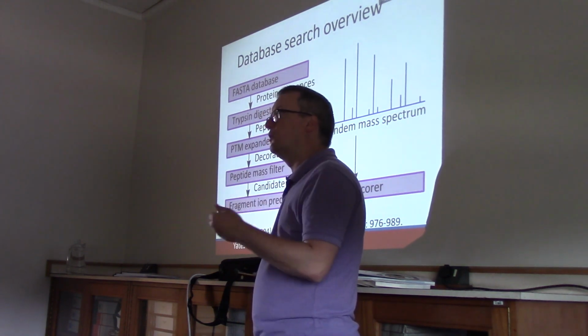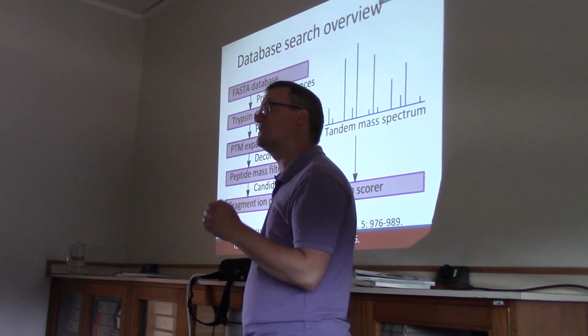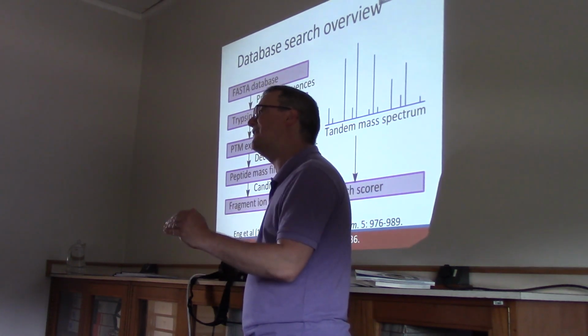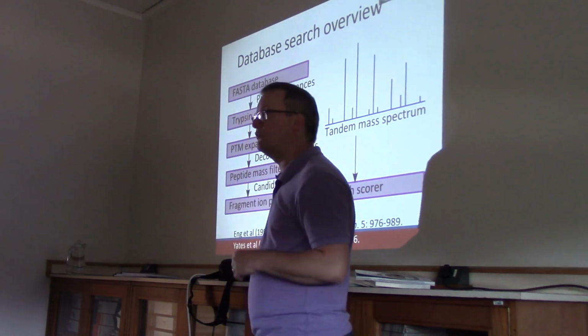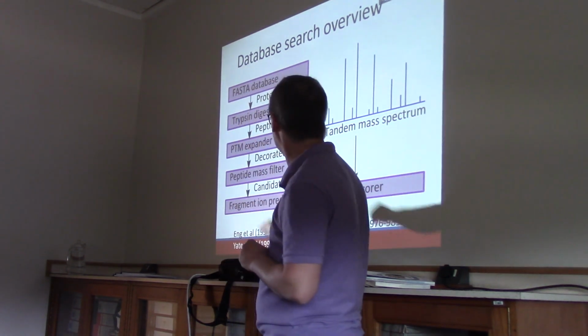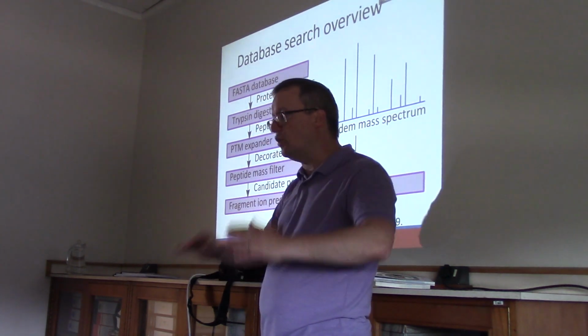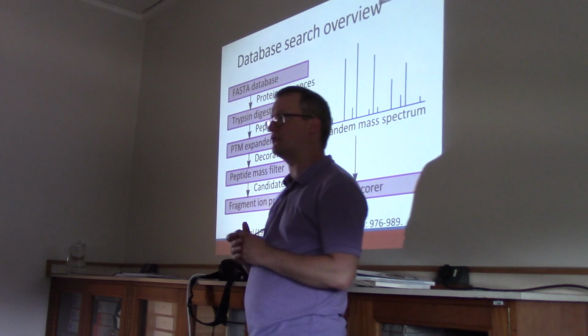If you are looking for acetylation on N-termini of proteins, then you would specify that the N-terminal peptide can have a mass of 42 higher than what we would normally expect. Those are examples of PTM expansions. So these decorated peptides are now ready for us to go about comparing to tandem mass spectra.